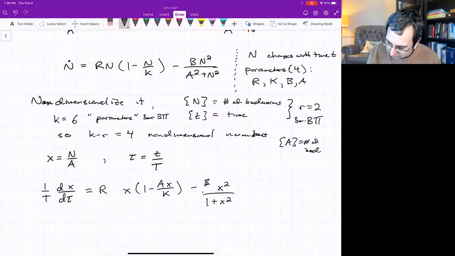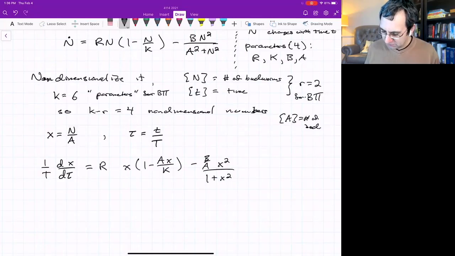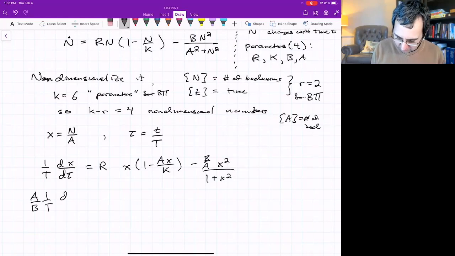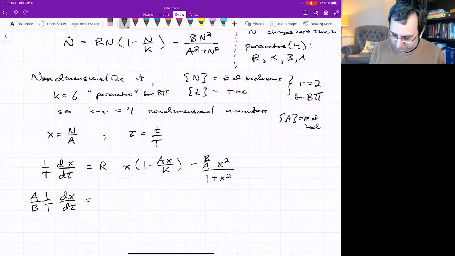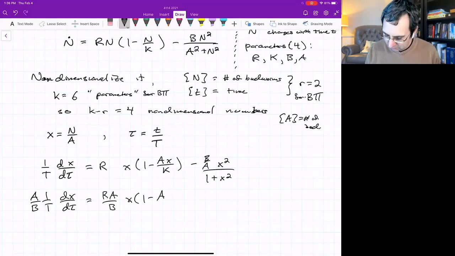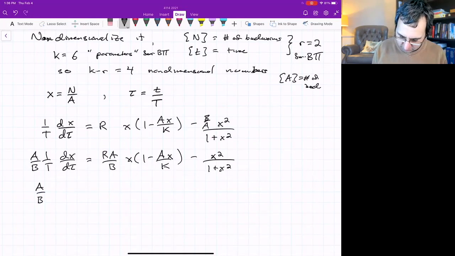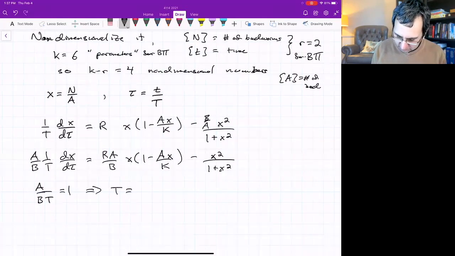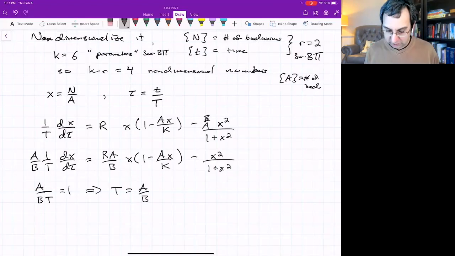It looks like we'll get something non-dimensional if we multiply by a over b. So (a over b T) dx d tau equals r a over b x (1 minus x over k) minus x squared over (1 plus x squared). If we want a over b T to be equal to 1, we place T equals a over b. So that would be our time scale to make this thing equal to 1.